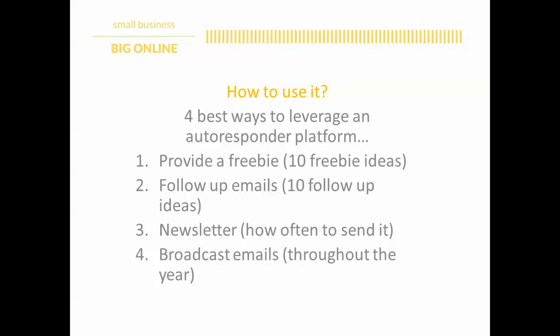Now I want you to have a think about how you're going to best use this autoresponder platform to create opt-ins and freebies, newsletters, and to send out emails. To help you with this, you can download the 10 freebie ideas. That's just to help you get some ideas flowing about what you're going to be offering for free. I have also got 10 ideas for a follow-up email after someone has received their freebie, to show what you can follow up with them.